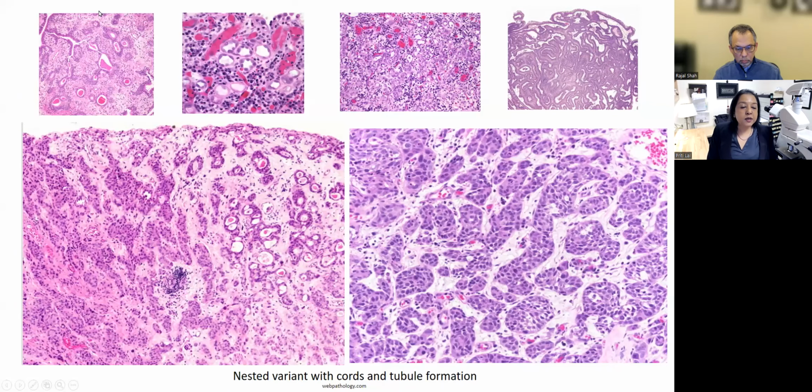We went over some of the benign entities that can involve the lamina propria, for example, Von Brunn's nests and the tubular component of nephrogenic adenoma. Sometimes the nephrogenic adenoma can be really, really dense, but if you keep an eye out for hobnail cells and a hint of pink basement membrane, you'll quickly recognize, no matter how dense, that this is a nephrogenic adenoma, and will not confuse it with the nested pattern or subtype of urothelial carcinoma.